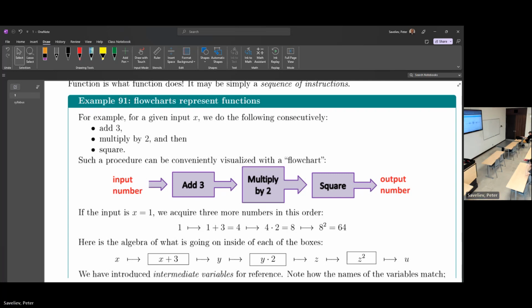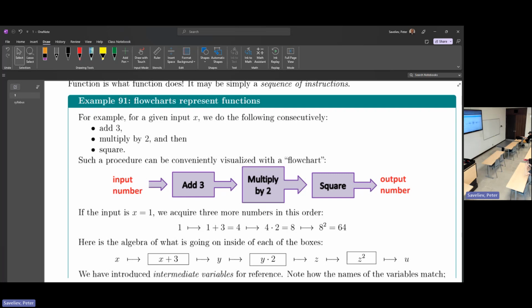One function, another function, execute them consecutively. What do we call it? Consecutive computation of functions.